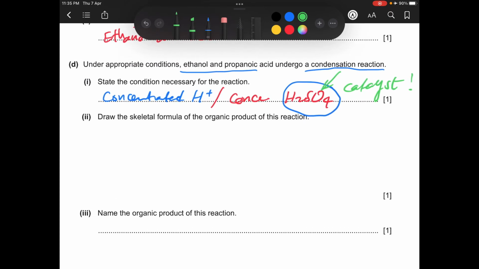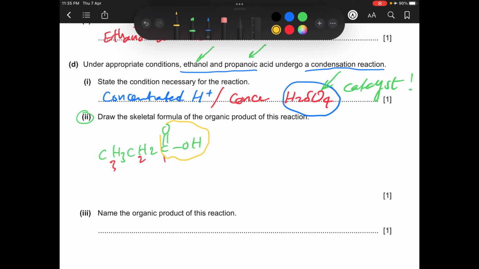So you have propanoic acid and you have ethanol. Draw the skeletal formula of the organic product of this reaction, which is an ester. We have to draw propanoic acid first: CH3, CH2, C double bond O, OH. You have 3 carbons and the functional group of acids.